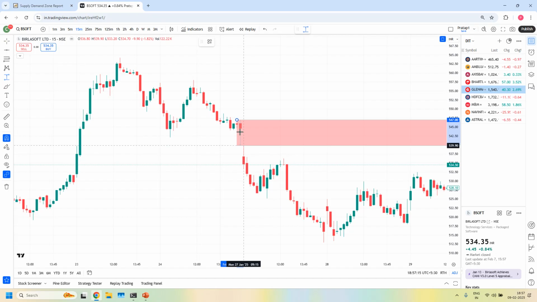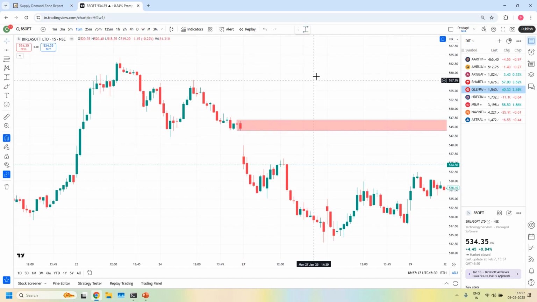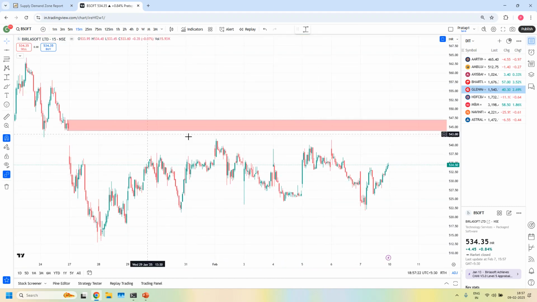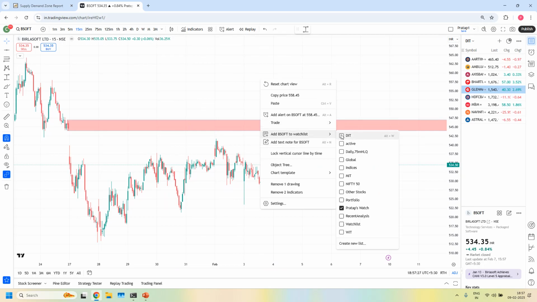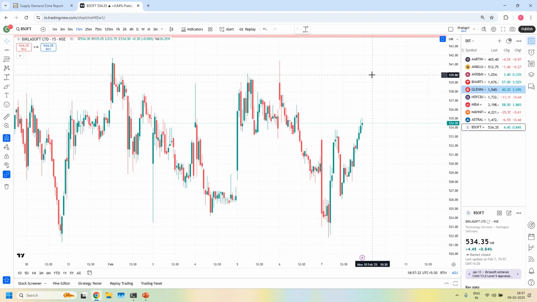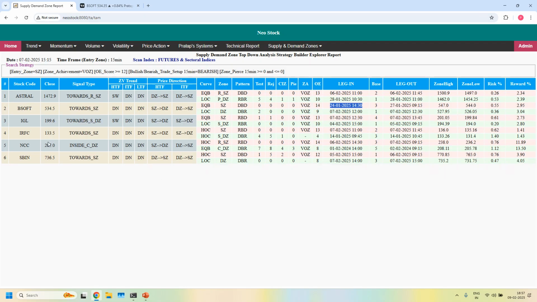So this one is selected. So this is our bearish trade setup supported zone. Okay, next one is IGL. 7th February at 12:30, 4 base candles.